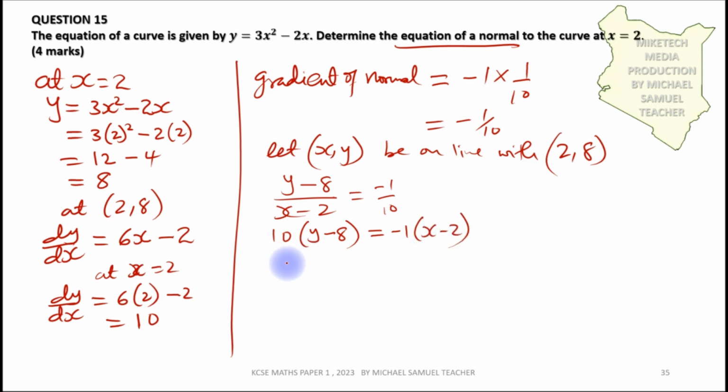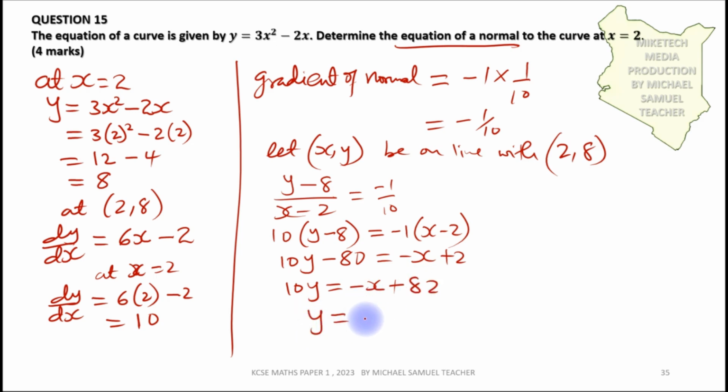Open the bracket, this will be 10y minus 80 equal to minus x plus 2. So we can rearrange this: 10y will be equal to minus x, take minus 80 to the right hand side, it will be plus 80, that will be plus 82.